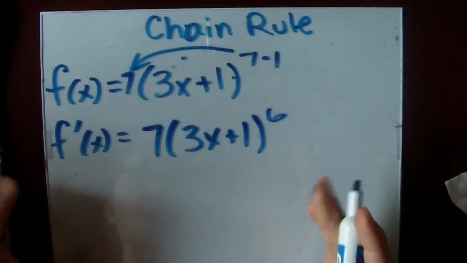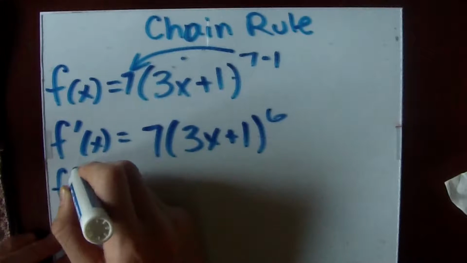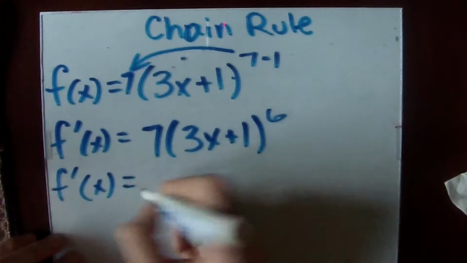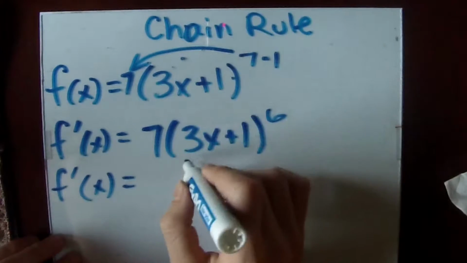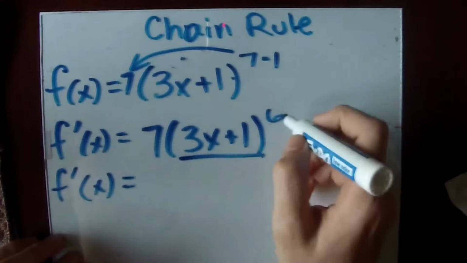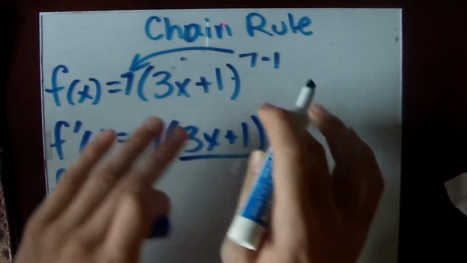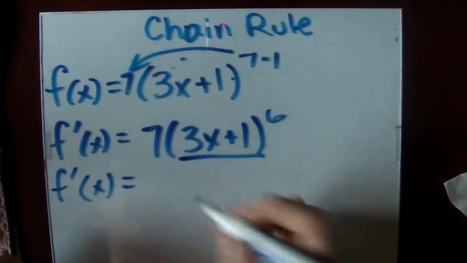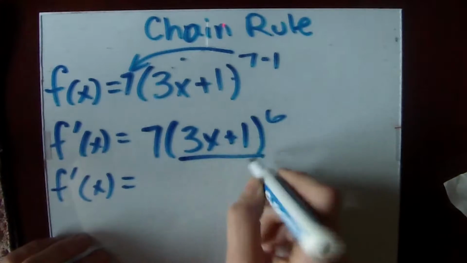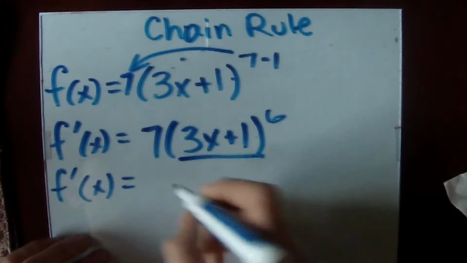But the second step to the chain rule is you're going to have to take the derivative of the inner function as well as just moving this exponent over here to be a coefficient. So now you have to take the derivative of just this inner function, which would just be 3.